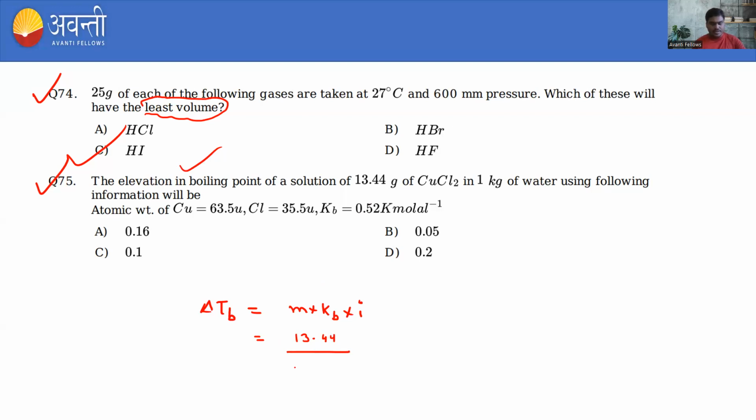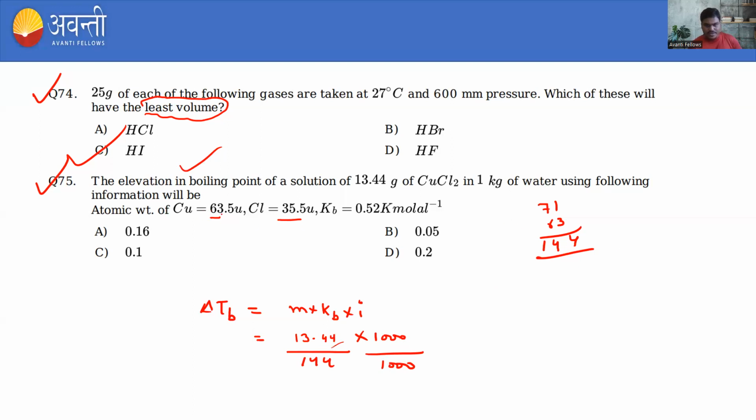It comes out to be 71 plus 63, so 134 point something. So the molecular mass is 134 into 1000 divided by 1000. So this is the molality.